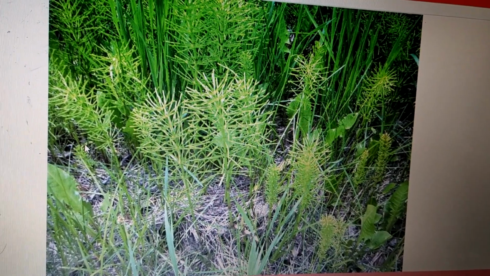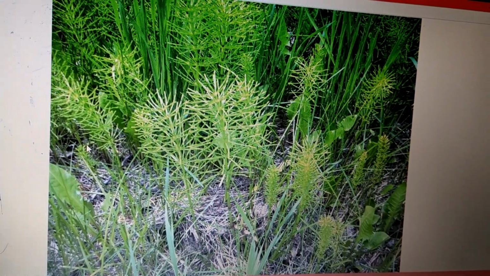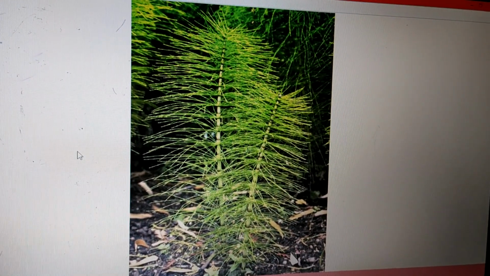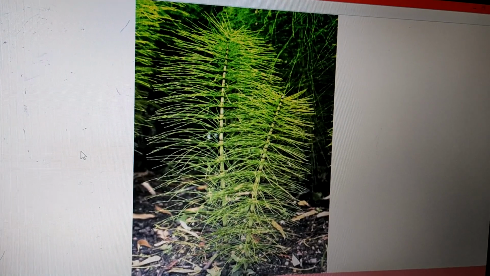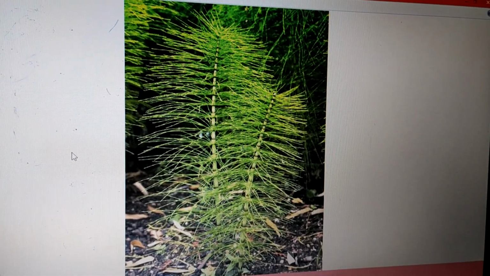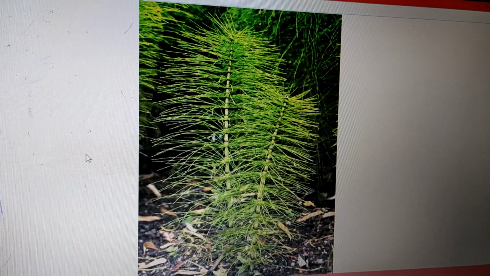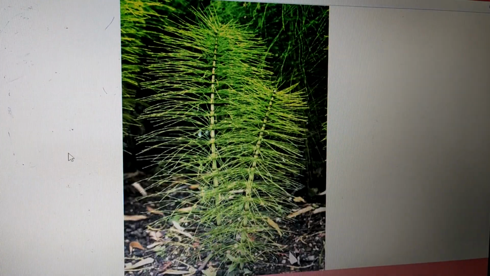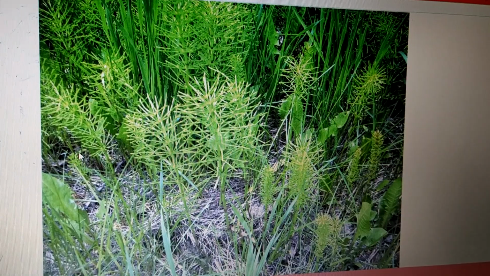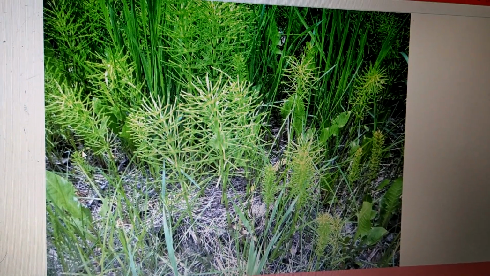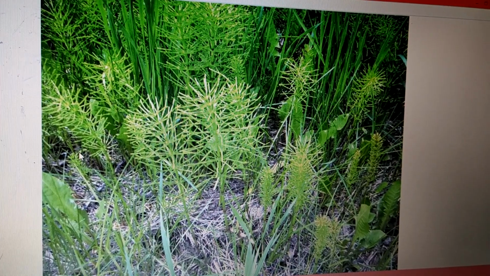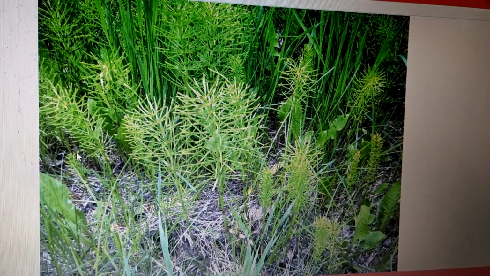Some species are also capable of growing in xeric conditions, which includes Equisetum arvense. So Equisetum arvense is a species which can grow even in a less water habitat. Very commonly found Indian Equisetum species include Equisetum arvense, Equisetum debile, Equisetum diffusum, likewise.